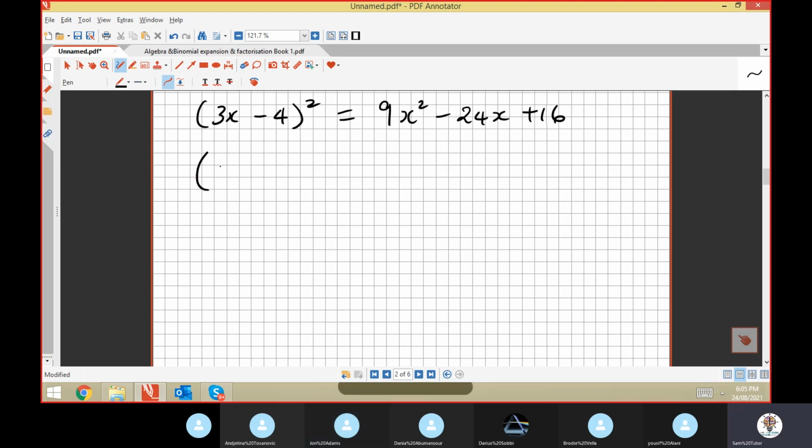Making all sense? Yeah. Jono, do the next one, just making sure, and then that's it. Then we'll go one level higher than this. (2x − 5) squared. There you go. 4x squared minus 20x plus 10 squared.